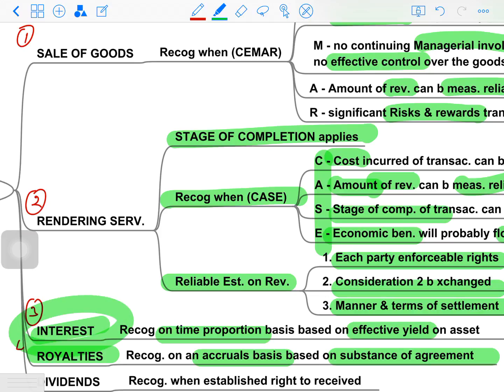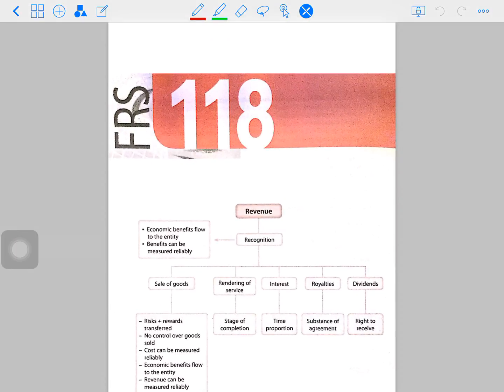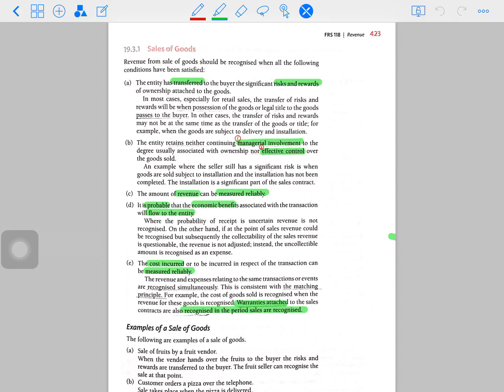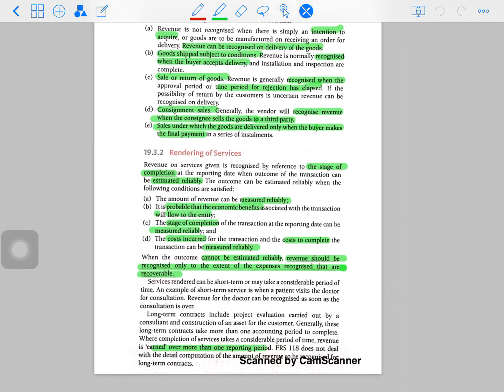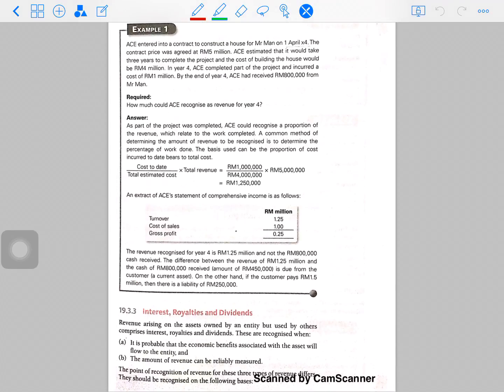Kalau kita tengok notes yang saya bagi, kalau discussion, more detailed discussion in terms of notes, interest, it mentioned here royalties. Okay.